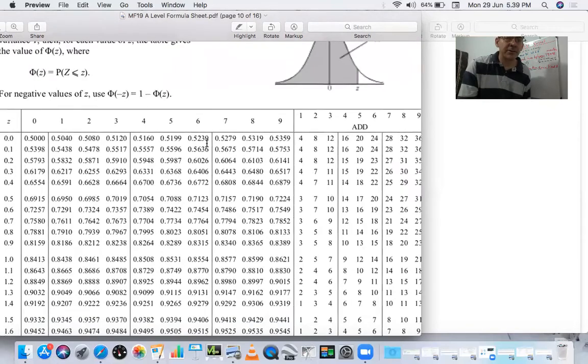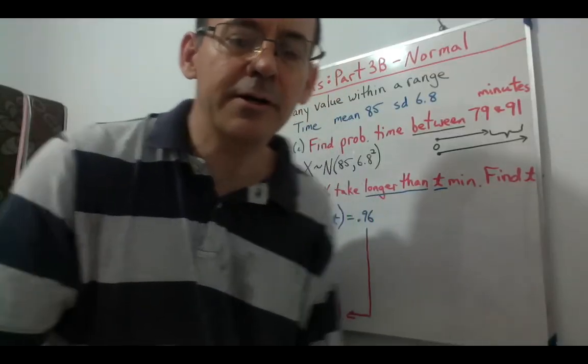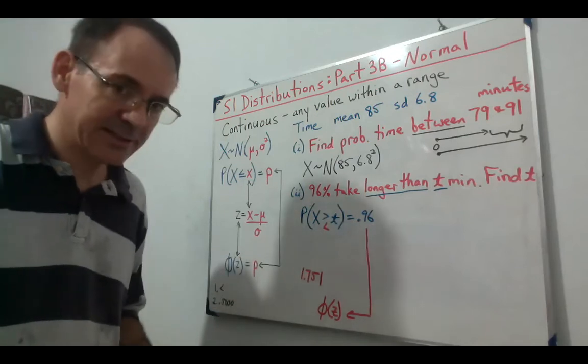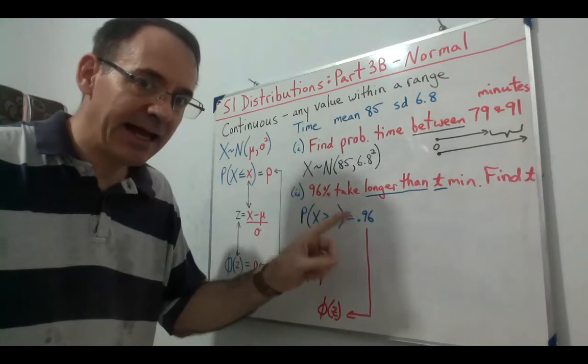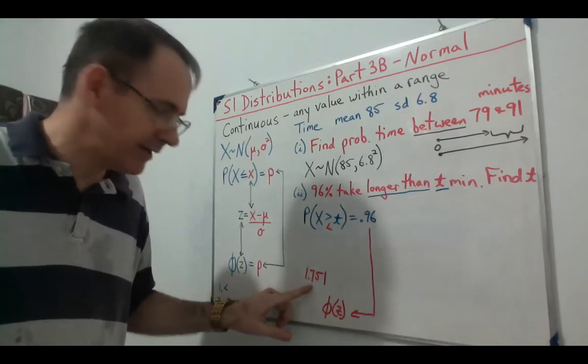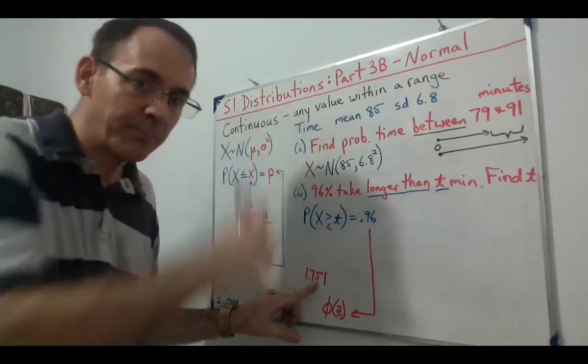So let me shrink that back down. Let's get out of here and go back to the board. So when we looked up 0.96, we saw 0.9599. That cross-referenced with the 1.7 on the left column and the 5 on the top row.